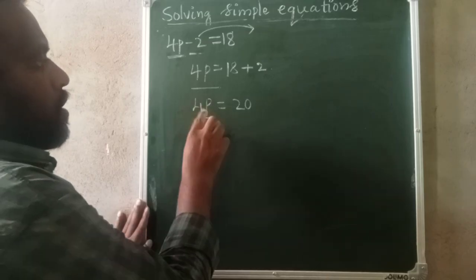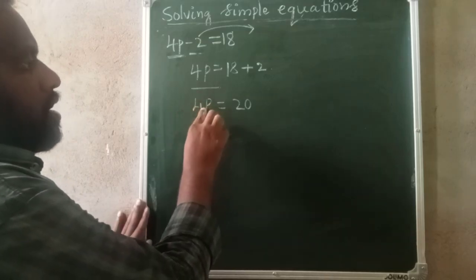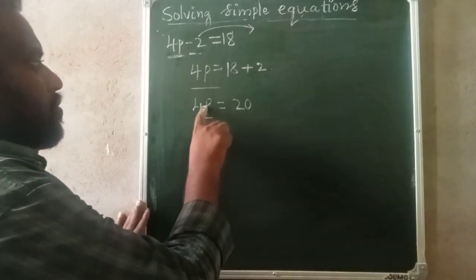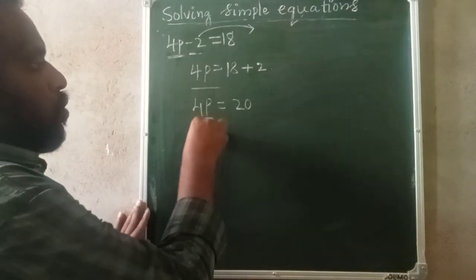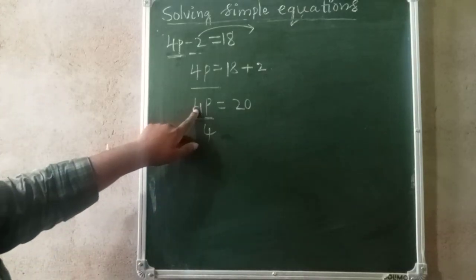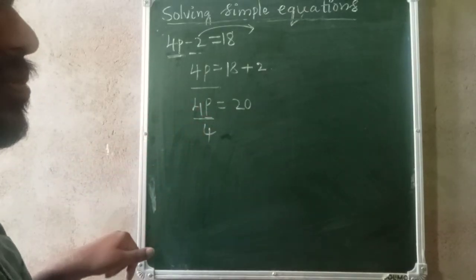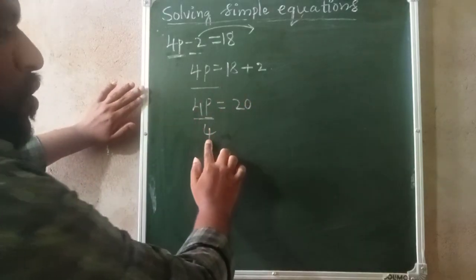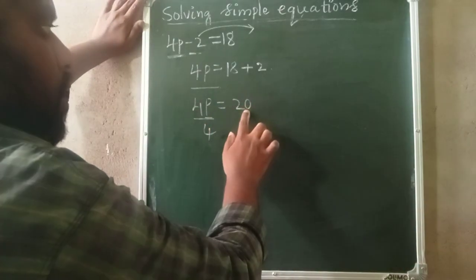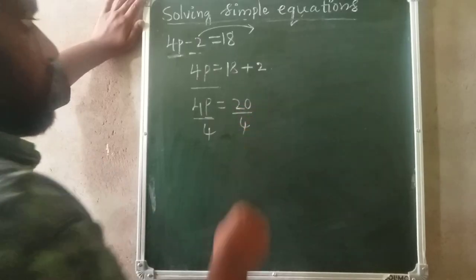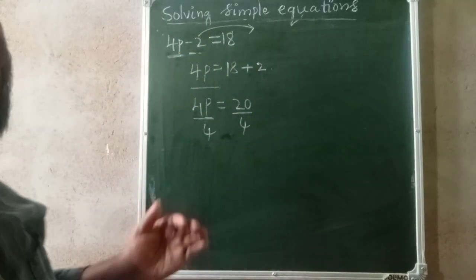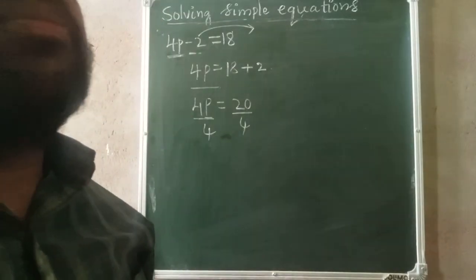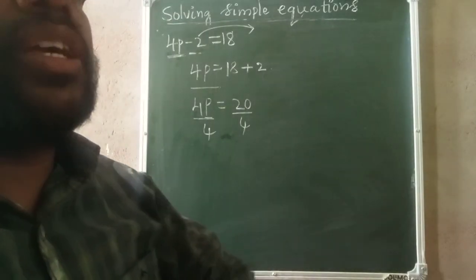Between 4 and p there is a multiplication, because 4p means 4 into p. Because of that, you can divide by 4 and cancel it. But when you divide this side by 4, you have to divide the other side also by 4. Both sides should be divided by the same number 4. Otherwise, the equation will become imbalanced and you get the wrong answer.